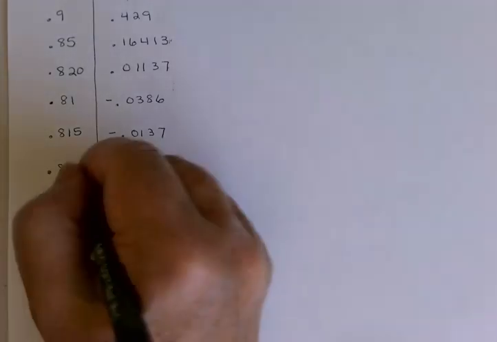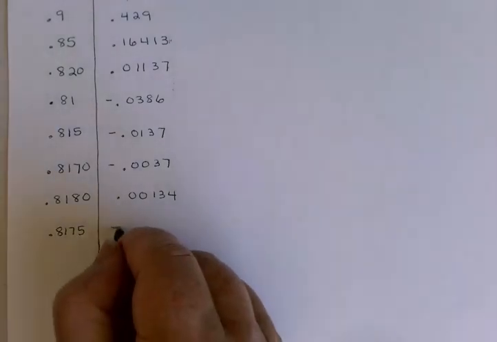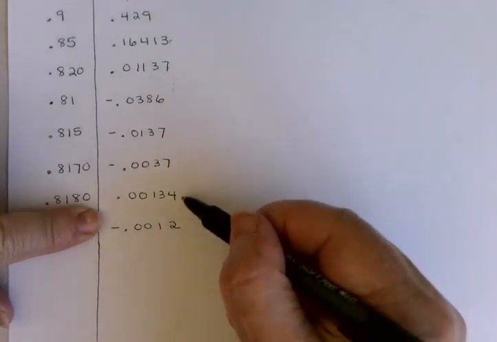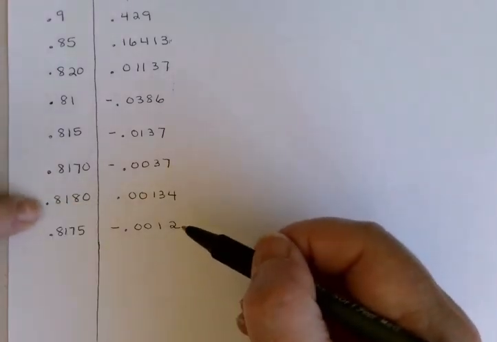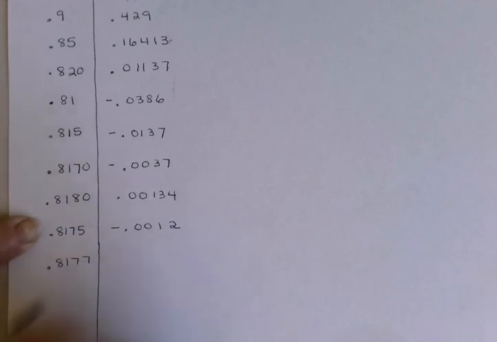All right, we're getting closer to that 3 decimal places. So it just helps put the extra 0 on. Between those two numbers, let's try 0.8175. I get negative 0.0012. 0 is between those two numbers, so something between these two. How about 0.8177?